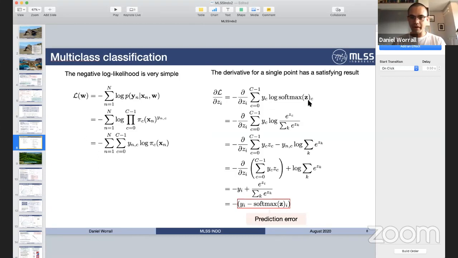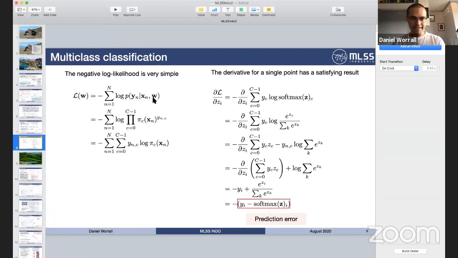Softmax, log softmax. Okay. So log softmax is just the natural logarithm of the softmax. Where does that come from? In this particular case, we had our multinomial or multi-class regression problem.